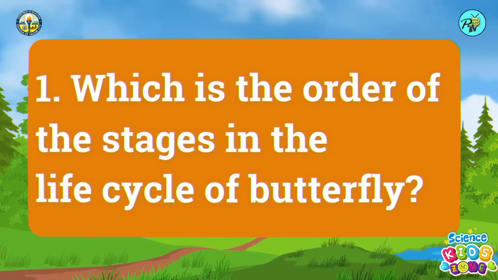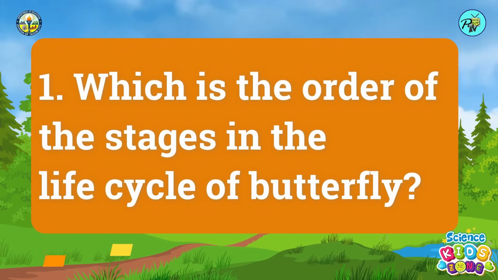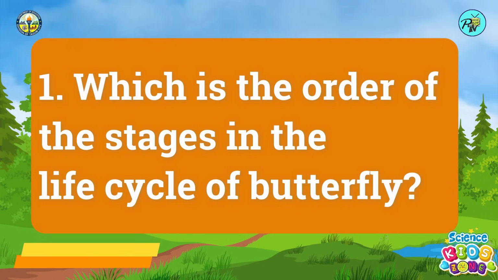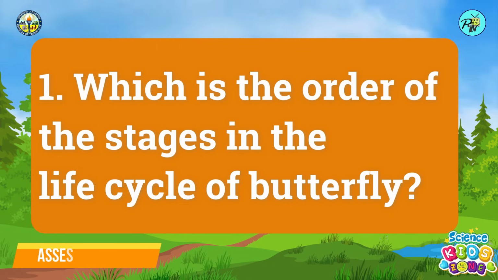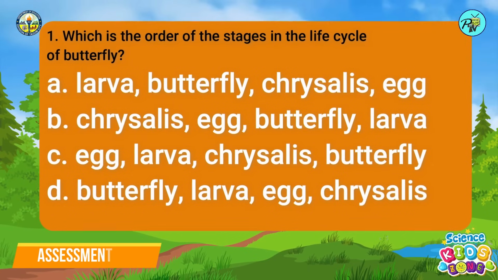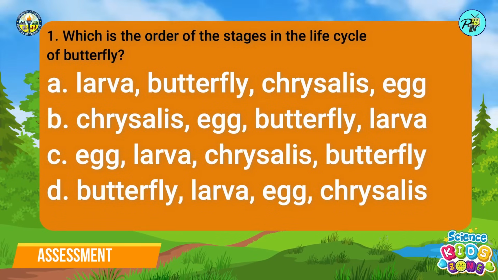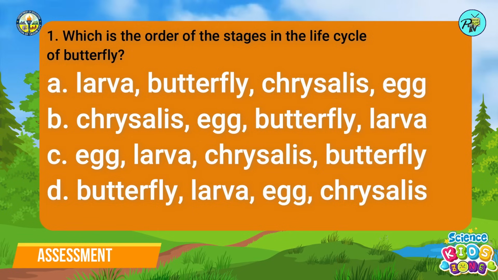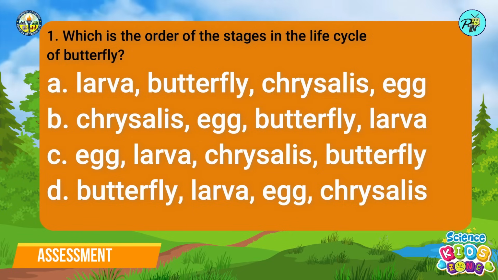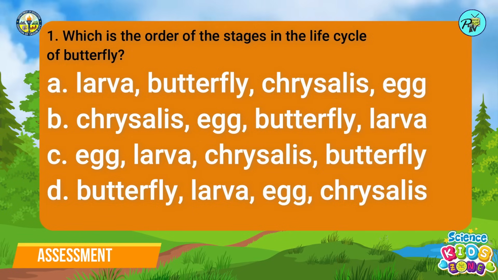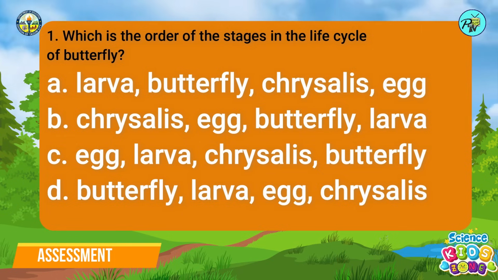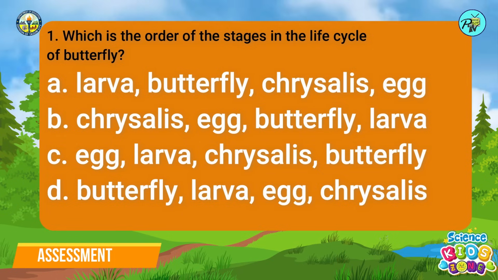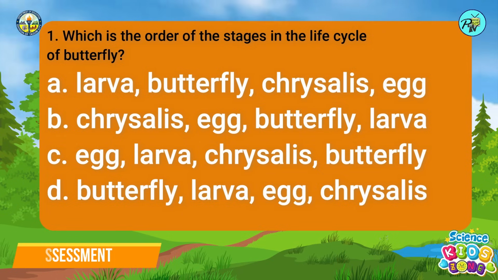Let's start! Number 1. Which is the order of the stages in the life cycle of the butterfly? A. Larva, butterfly, chrysalis, egg. B. Chrysalis, egg, butterfly, larva. C. Egg, larva, chrysalis, butterfly.